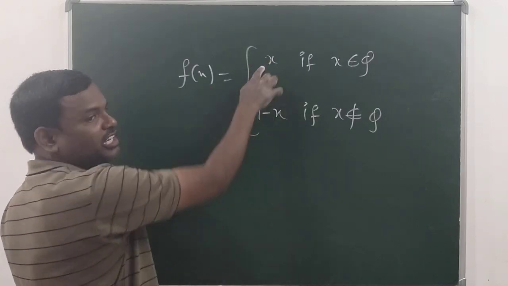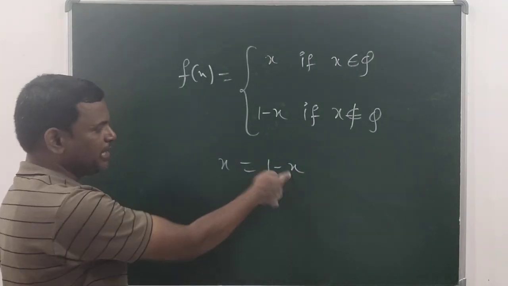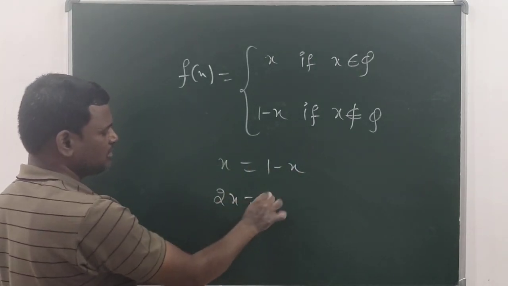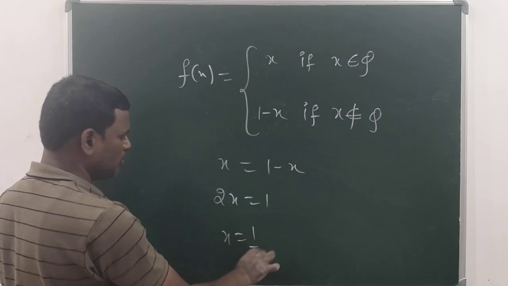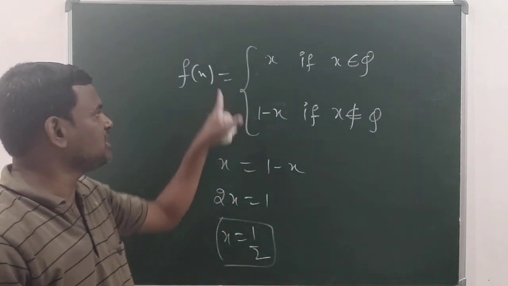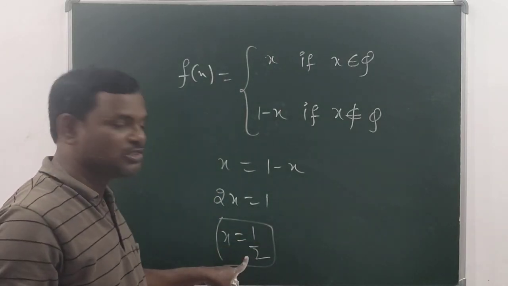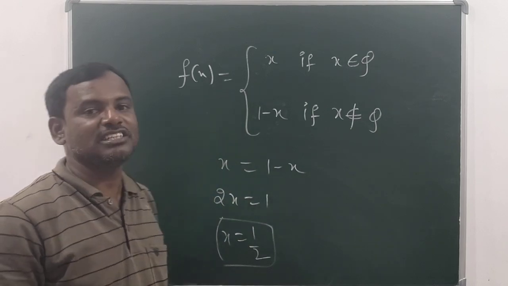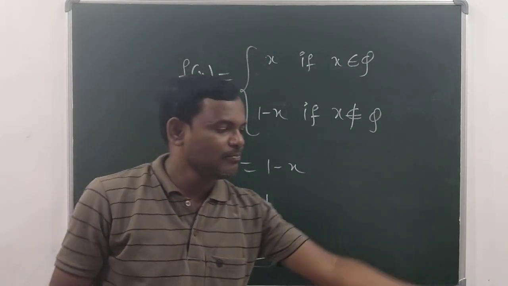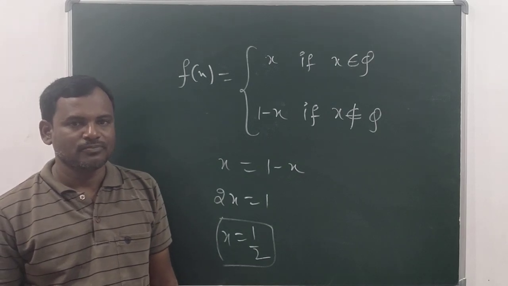You must equate this range value: x equals 1 minus x. Now bring it to the left side. Now 2x equals 1, so x equals 1 by 2. So at this 1 by 2 only, this function is continuous in the entire real number set. Except for this point, that function is discontinuous in the entire real number set.